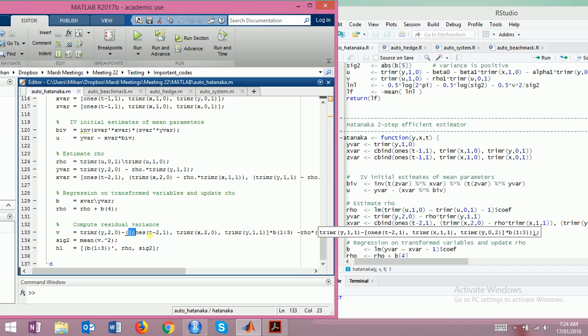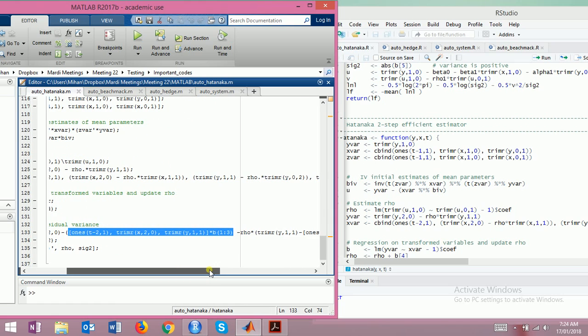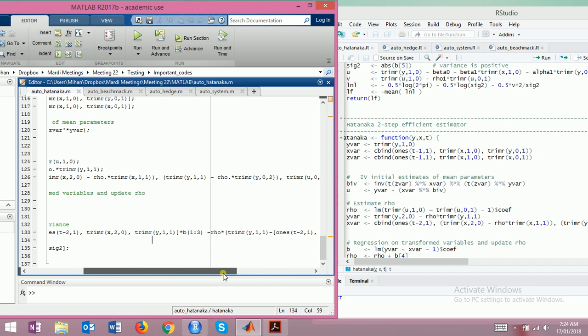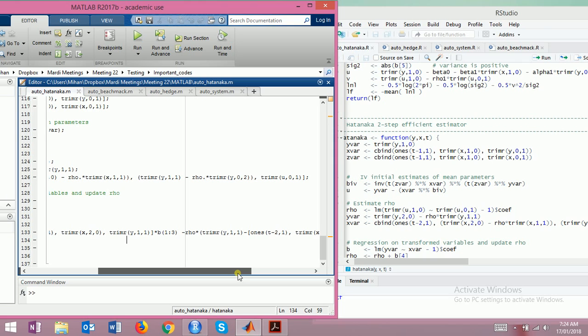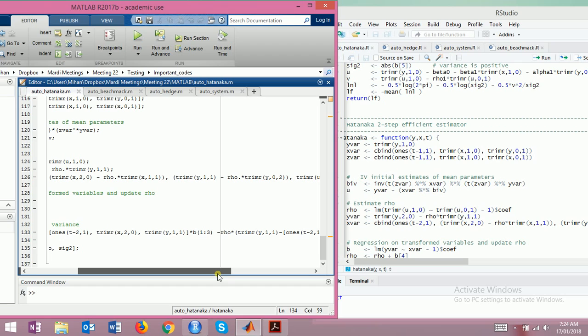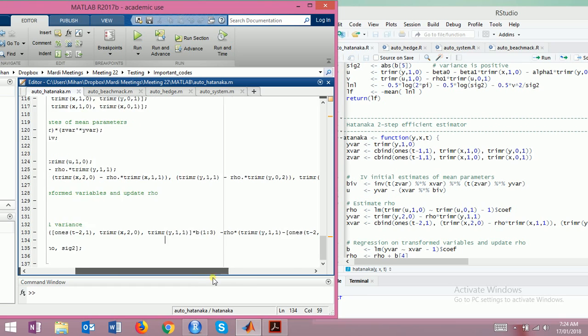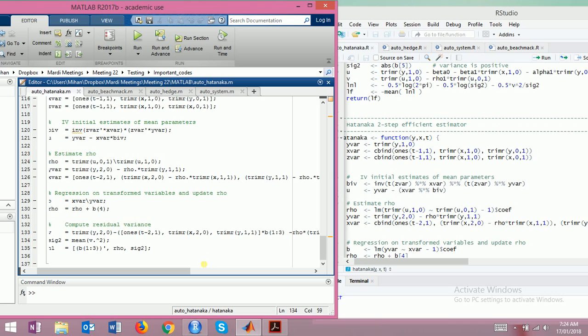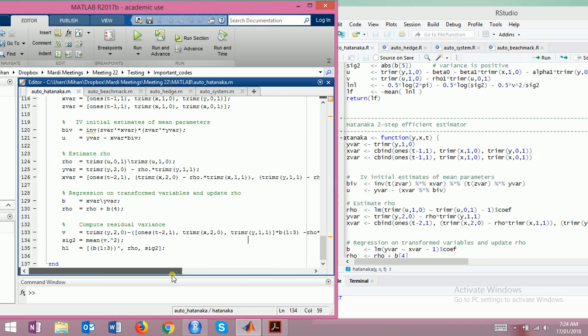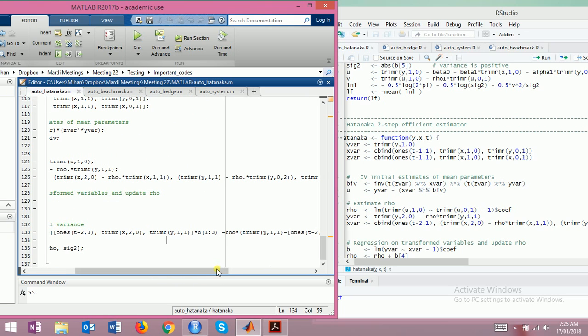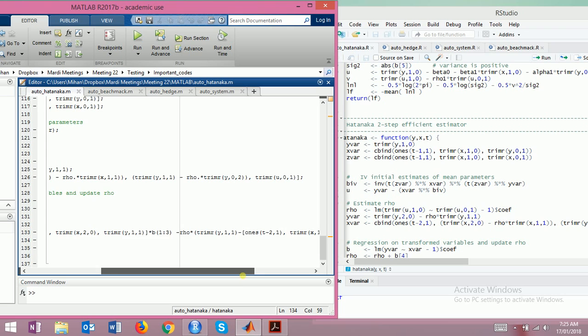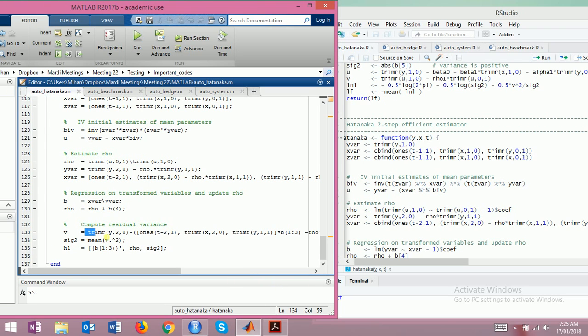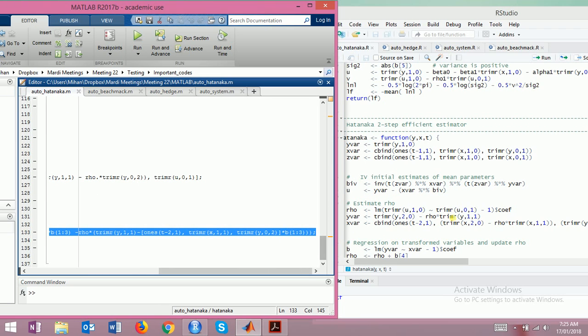So y, then this is the x portion, y1 b13, which is rho, trimmer y11 into b13 minus rho, trimmer x20, once t minus 2, trimmer x20, okay, trimmer y11 b13 into minus rho into trimmer y11 minus a lot of things. Residual variance, my god, this is quite big.